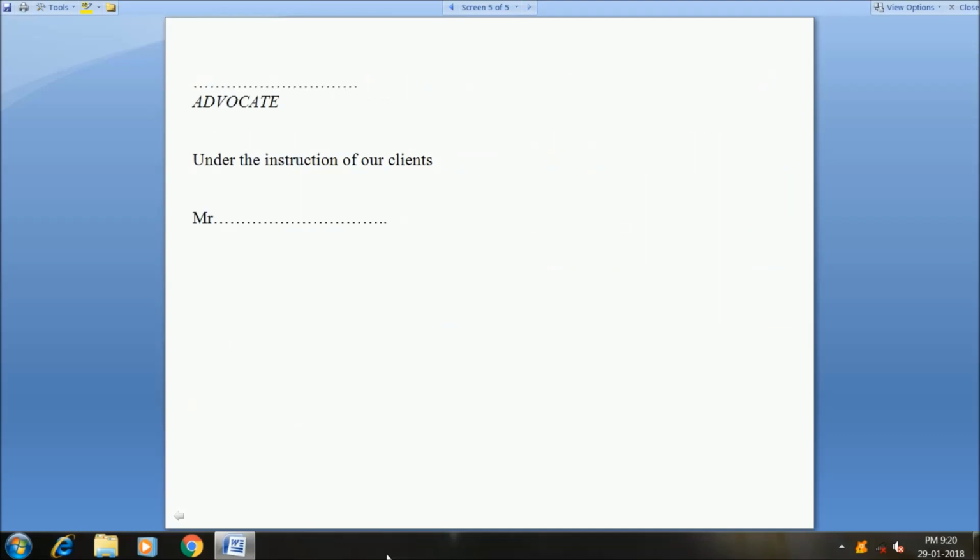Now subsequently you have to sign as an advocate, and this part also is very important, especially nowadays. This part of the notice is in vogue, in the sense that you have to clearly state that you are issuing this notice under the instructions of your client, and you have to obtain the signature of your client.